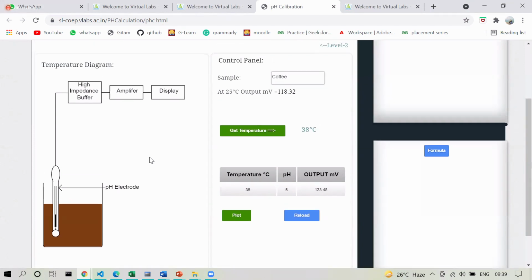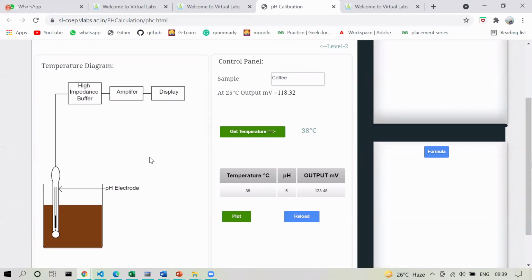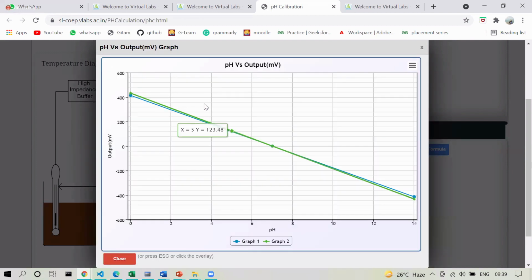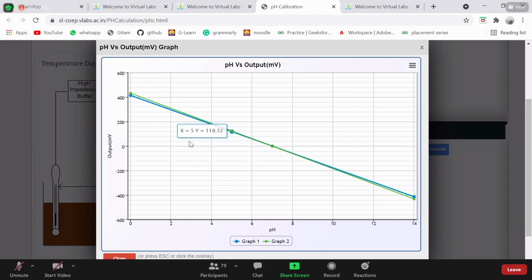And what is the meaning of those two lines in the graph? It is plotting for the temperature when it is at 38 degrees. Very good. One line is for the given liquid when it is at 25 degrees Celsius. Another one for the same liquid when it is at 38 degrees Celsius.